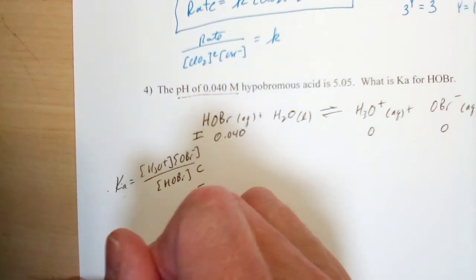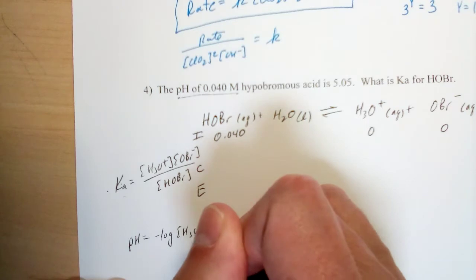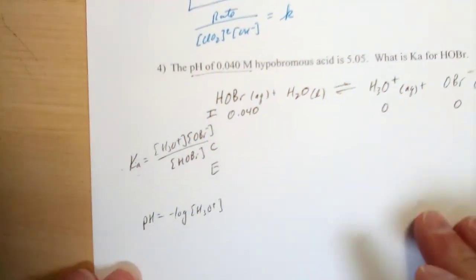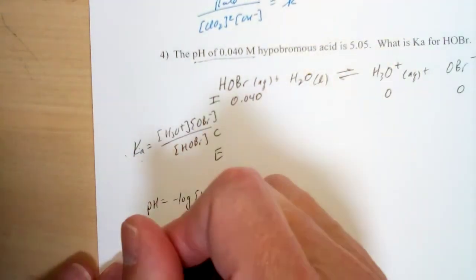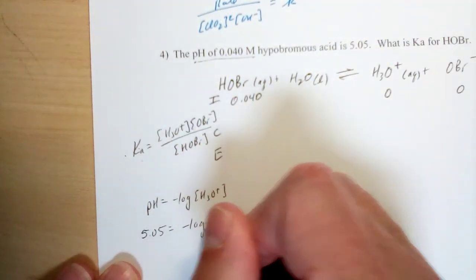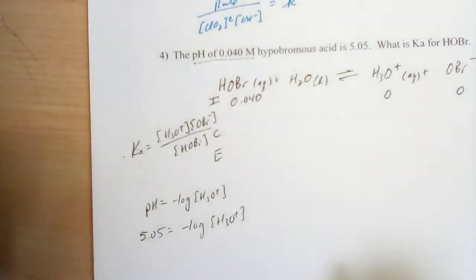So we should know that pH is the negative log of the hydronium ion concentration. If I plug in the pH, then I can solve for hydronium ion concentration. So 5.05 would be equal to the negative log of the hydronium ion concentration, right?